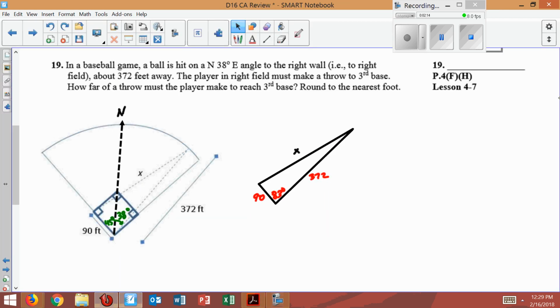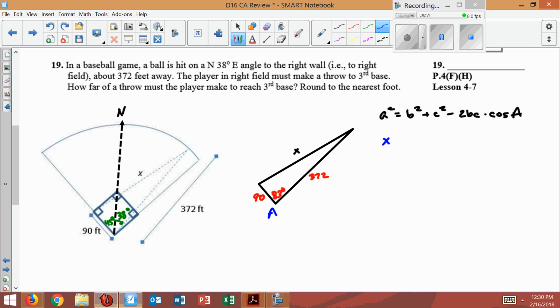What it says is that a squared equals b squared plus c squared minus 2bc times the cosine of A. In this problem, I don't know what a is. That's going to be our x.